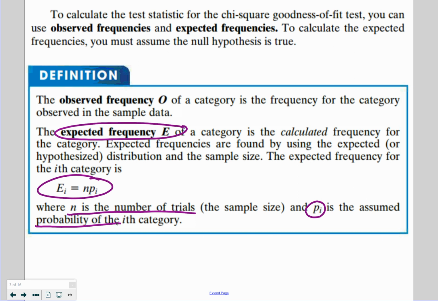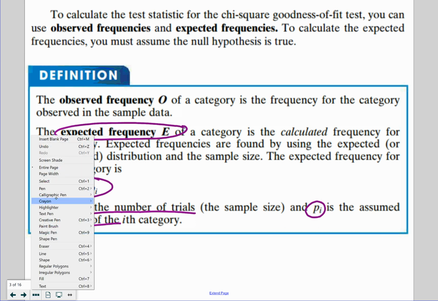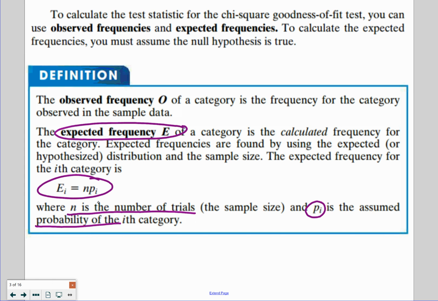Sometimes they'll tell us that frequencies are uniformly distributed, which means they all have the same percentage. So we wouldn't even need to do this. We could just take my n and divide it by the number of categories, and that would tell me approximately what each category's expected frequency was supposed to be.